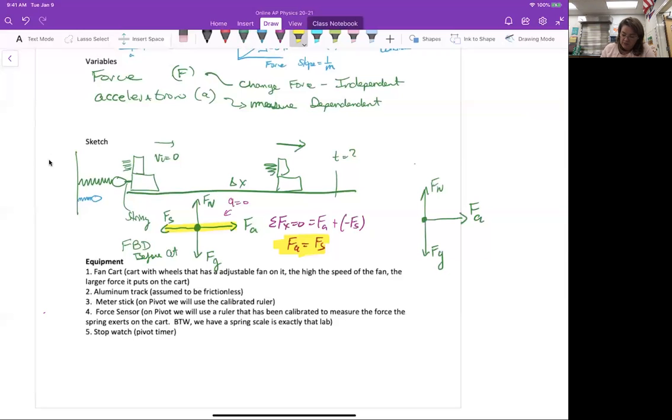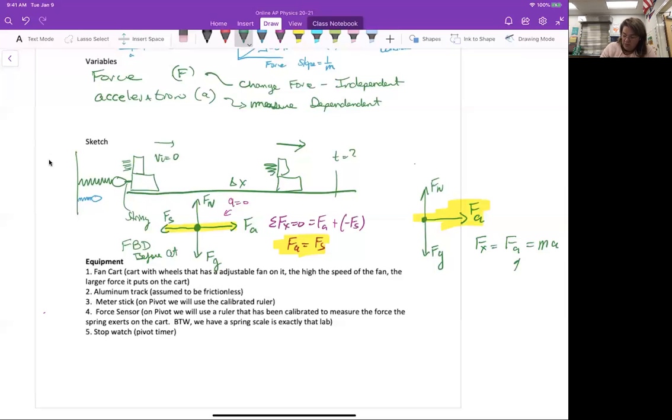And notice, I do not have 0 forces in the x direction anymore. I have the force in the x direction, which is equal to Fa, and that is no longer a 0 force in the x direction, and that will be equal to the mass of that system times the acceleration.